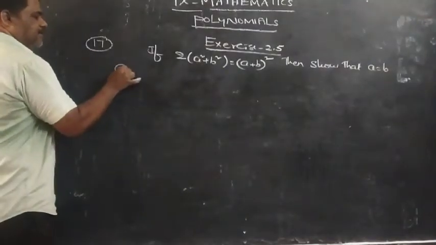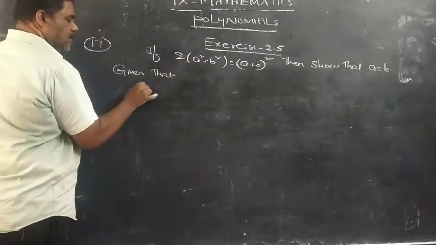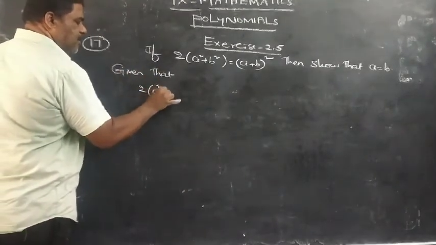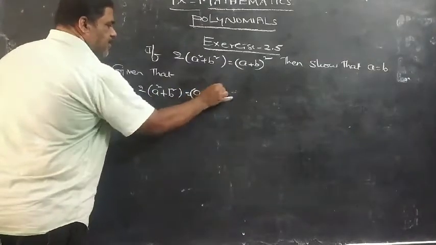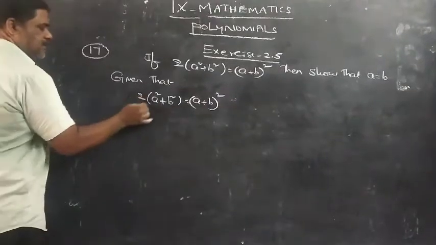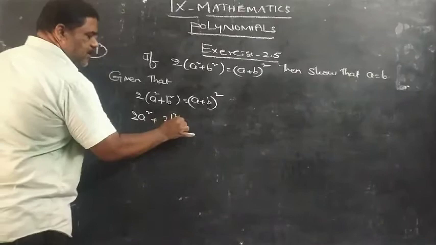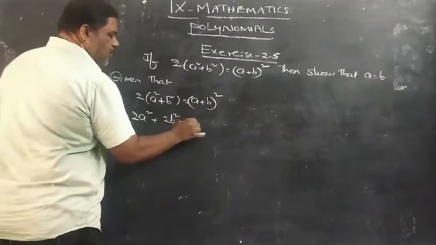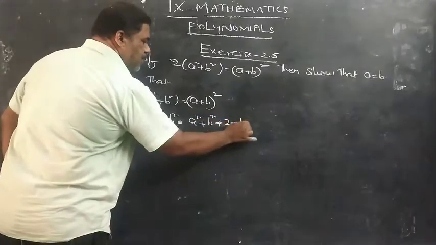First, let us take the given condition. 2 into a square plus b square is equal to a plus b whole square. Multiplying the 2, we get 2a square plus 2b square is equal to a plus b whole square, whose formula is a square plus b square plus 2ab.